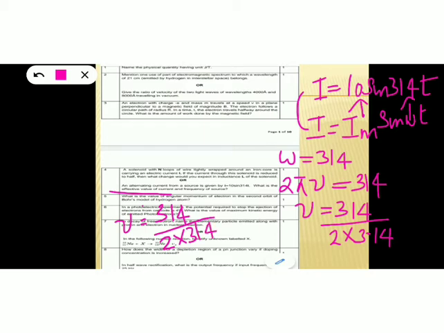It will be 314, so here also multiply with 100. 314 into 100 is 31,400. So you will get 100 in the numerator, and when you cancel 2 with 100 you will get 50. So your frequency is 50 Hertz. Okay, frequency is 50 Hertz.